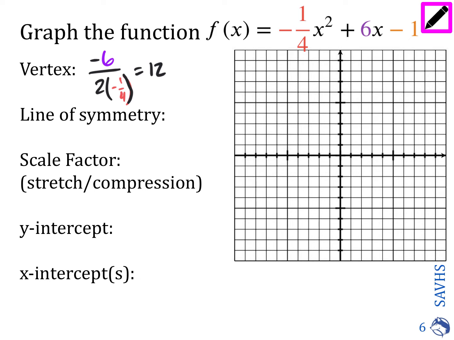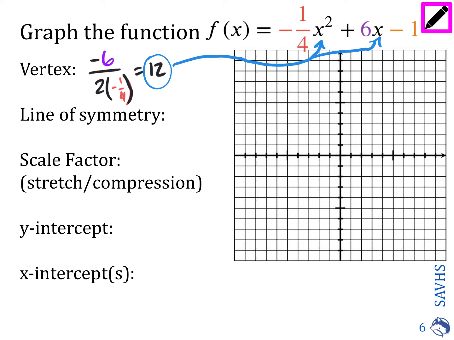To get the y value, like I said on the last slide, I'm going to take this x value that I know, and I'm going to put it in for x in both places. And so my x value is 12. My y value is what I get out when I put 12 in. So 12 squared is 144. 144 times negative 1/4 is negative 36.